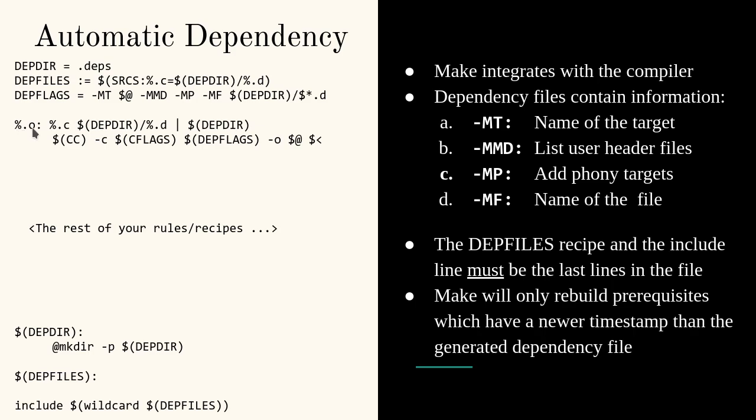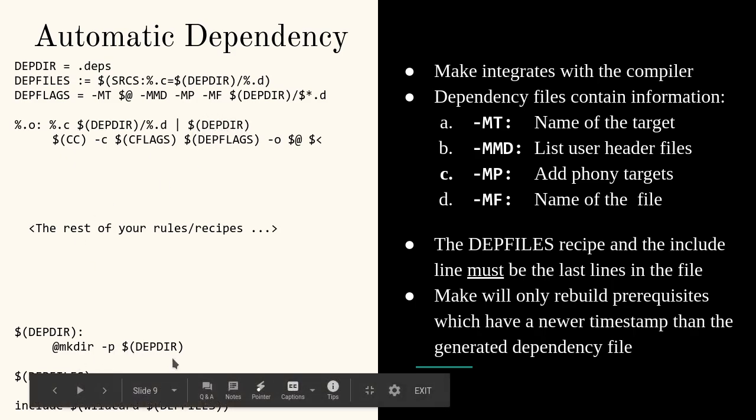If the object file is our target and the C file is a prerequisite, that also makes this dependency file a prerequisite, because DEPDIR is the directory that we're putting all of these dependency files. And then we also have an order-only prerequisite called DEPDIR, which is just going to make our DEPDIR directory, and that's it.